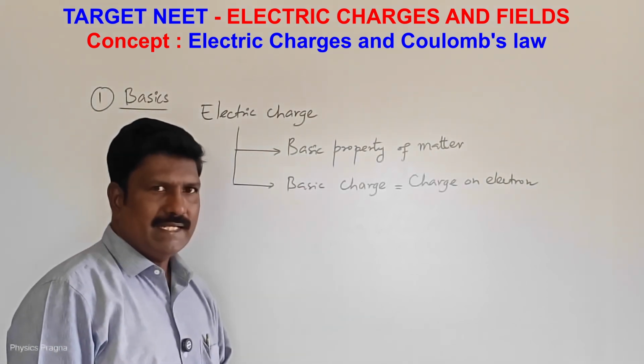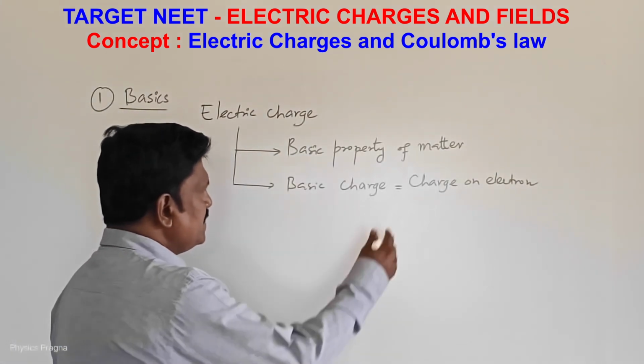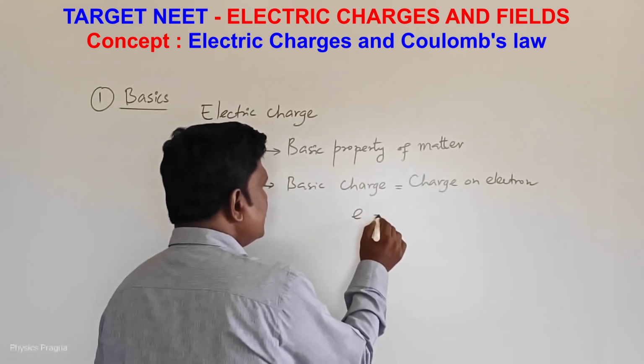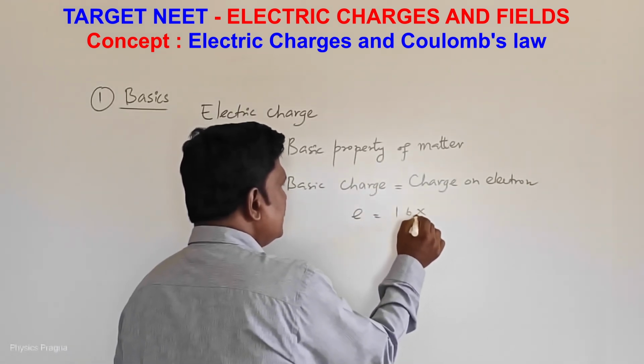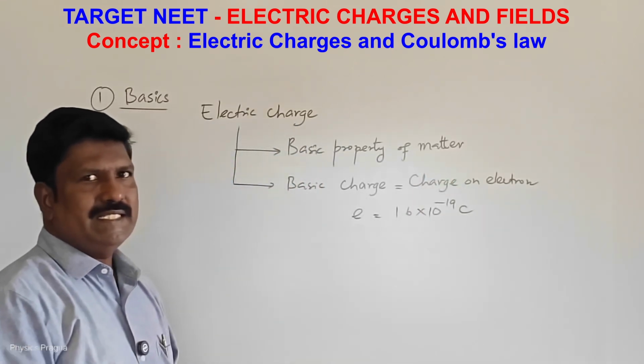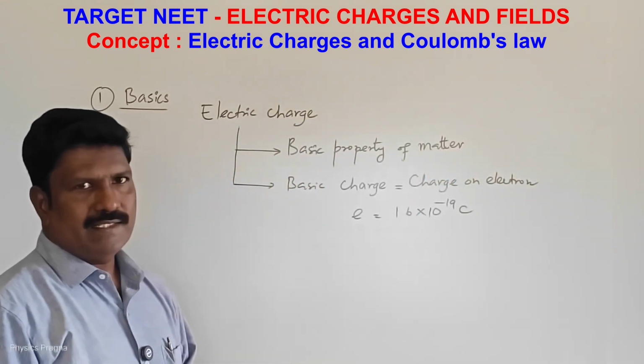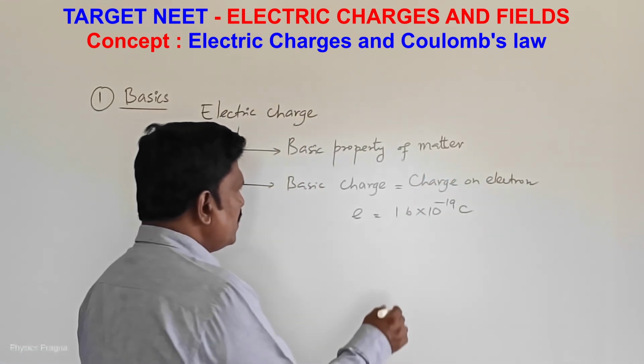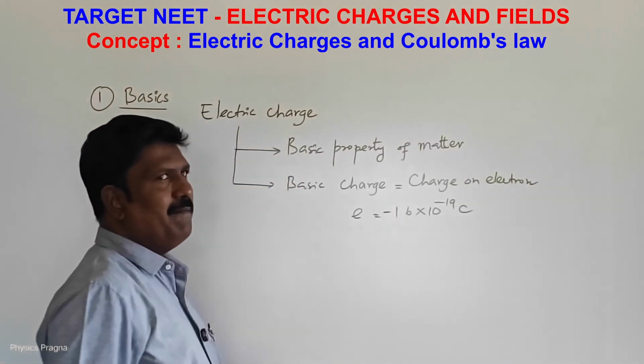What is the charge on the electron? The electron charge is 1.6 into 10 to the power of minus 19 coulombs. Coulomb is the SI unit of charge, and the nature of the charge on the electron is negative.